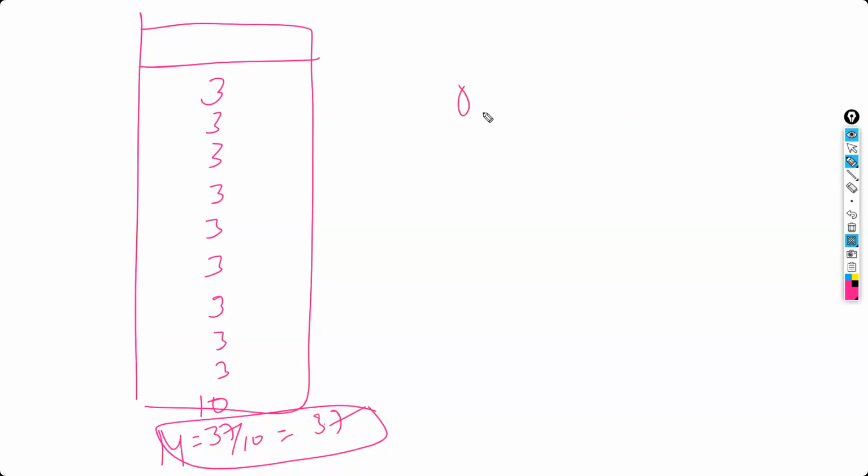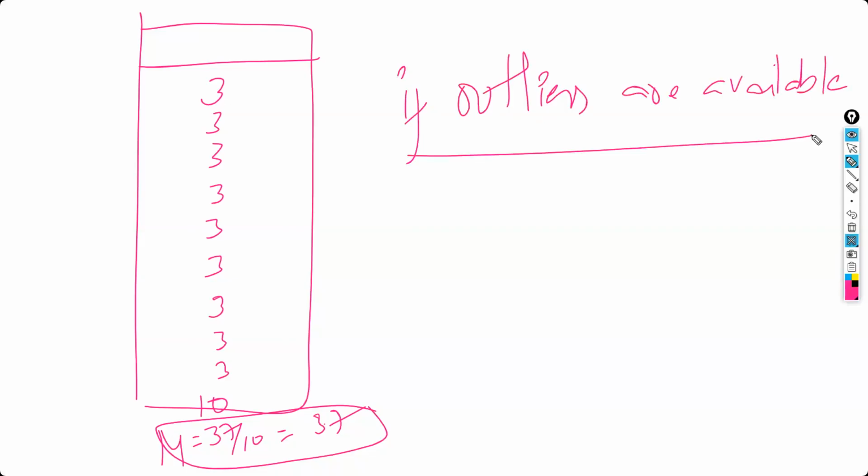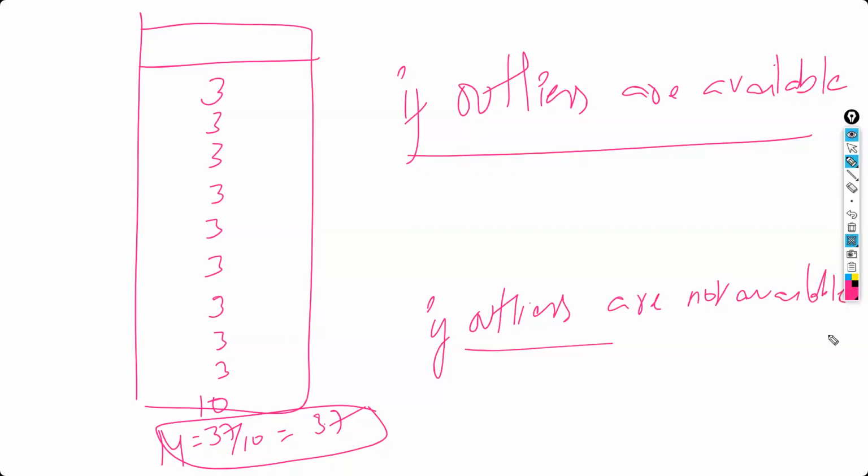Whenever outliers are available, and if outliers are not available, then the best measure of central tendency is mean only.